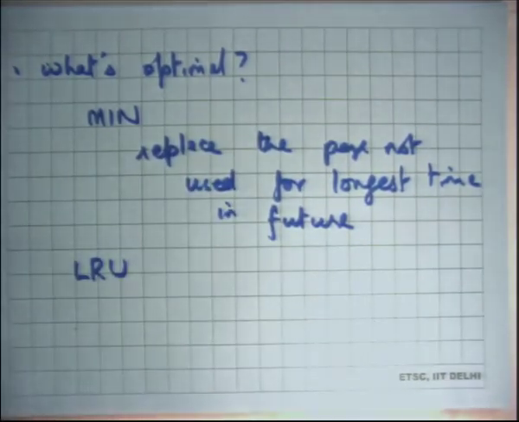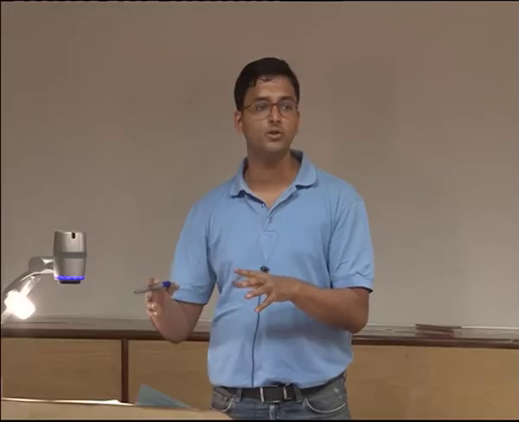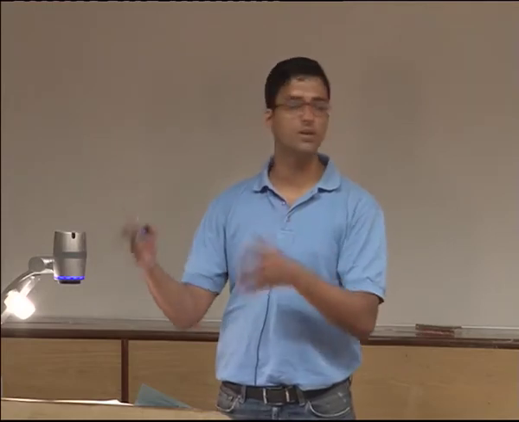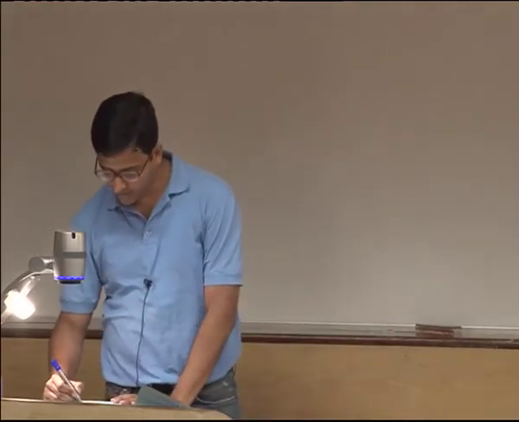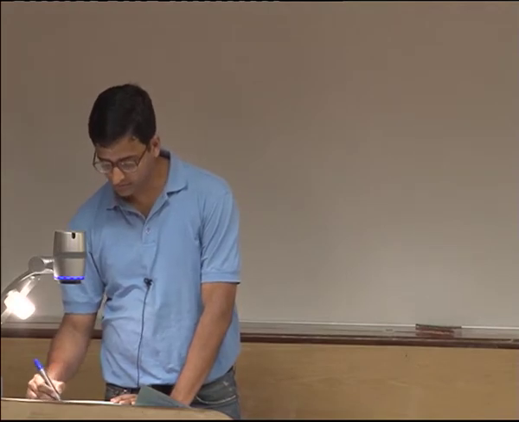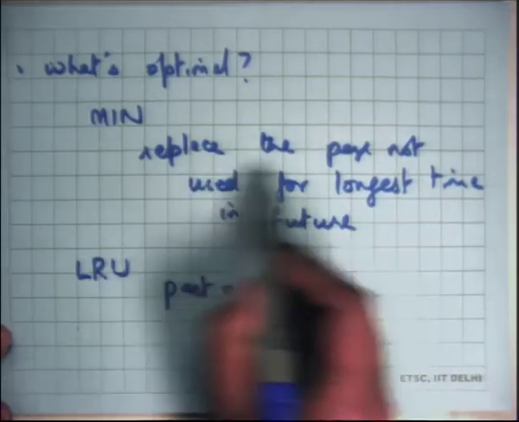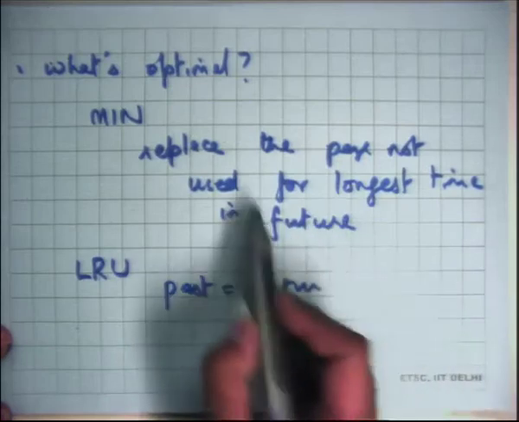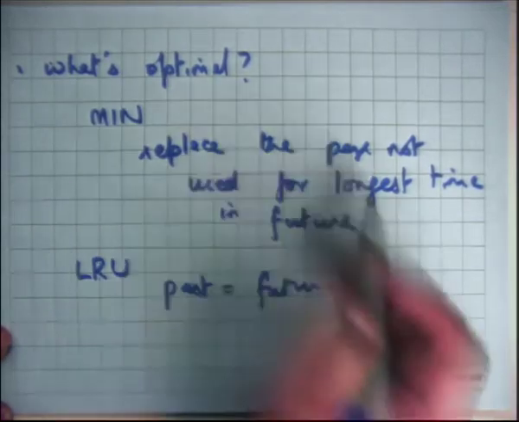One common design principle is that if you don't know the future, assume that the future will look similar to your past. What has happened in the past, the future is going to look something similar to that. If I make this assumption, then instead of saying replace the page not used for the longest time in future, say replace the page not used for the longest time in past.